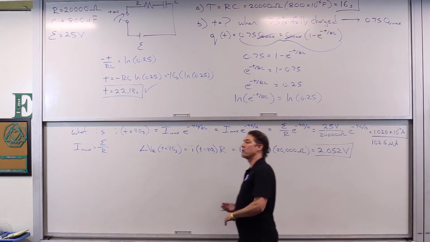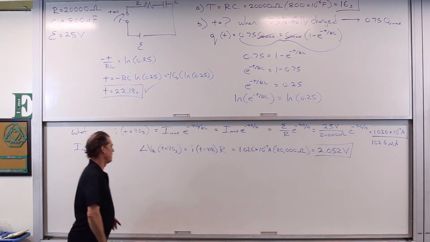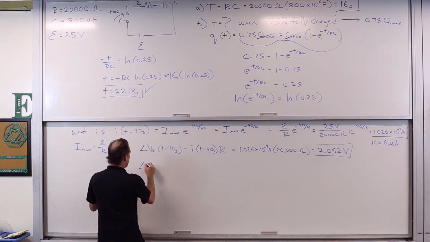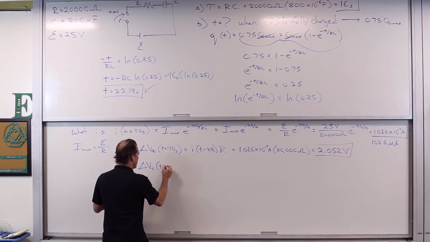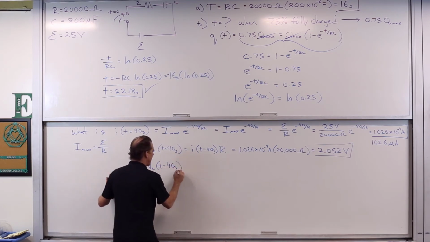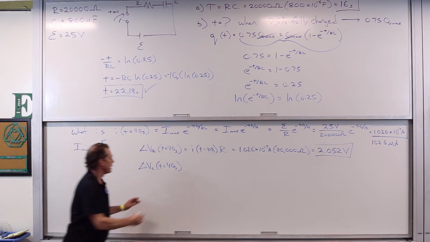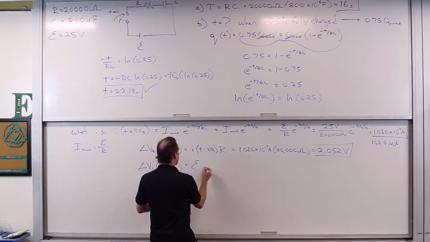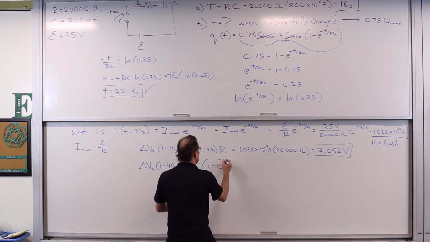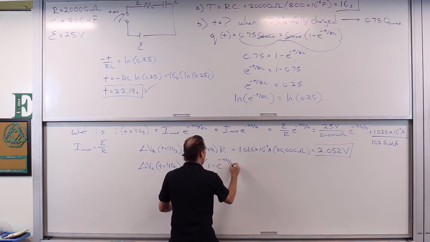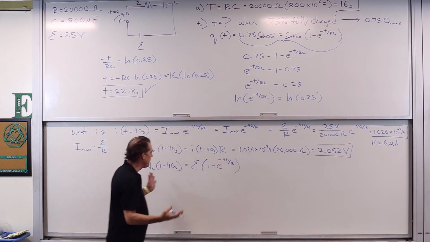What about the potential difference across the capacitor at t equals 40? Delta V sub C at t equals 40 seconds. Well, again, a couple of different ways that we could go about this. We could say that it's equal to the source potential times 1 minus e to the negative 40 divided by 16. That would be fine.